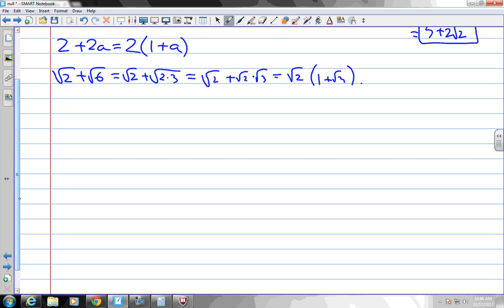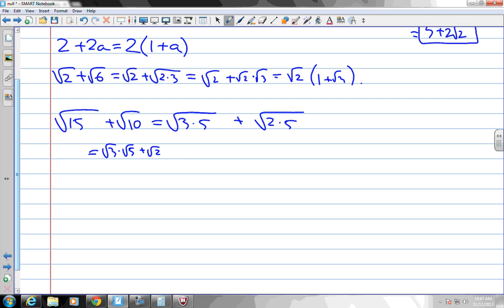Well, do you still need me to do anything on 6? A? Okay, well, A is root 15 plus root 10, right? So what you can do here, can you express 15 as a product of two numbers? 5 and 3. How about 10? 5 and 2. So this becomes root 3 times root 5 plus root 2 times root 5.